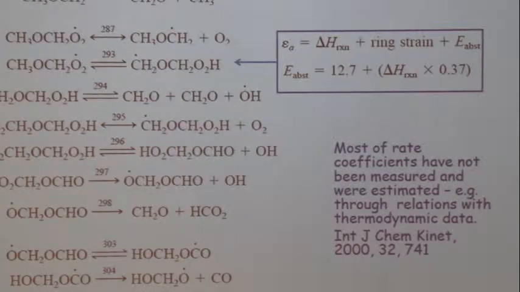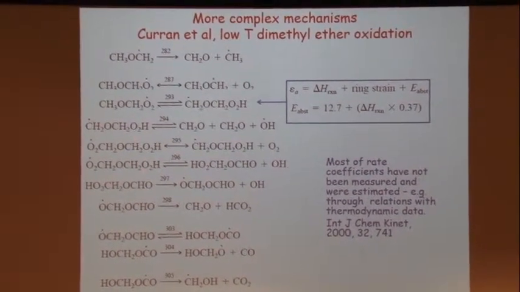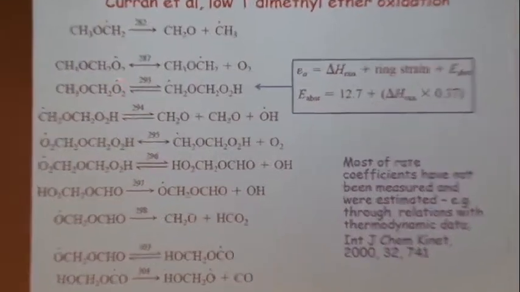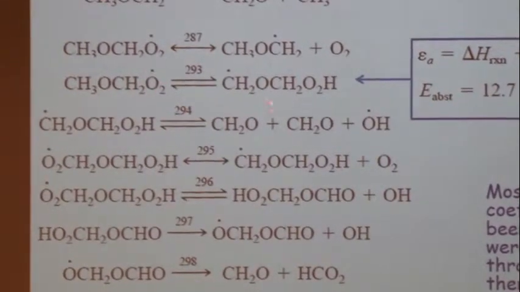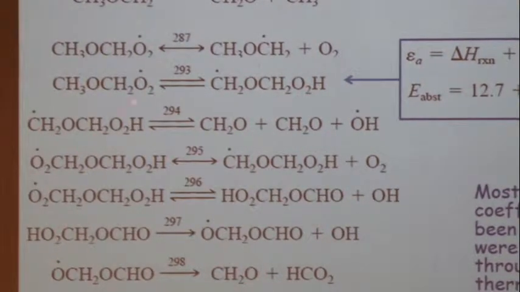And you wonder, where the heck did he get all these parameters? So here's an example. For this reaction, this is a dimethyl ether peroxy radical. It's very important how it isomerizes to the hydroperoxide, because this is going to eventually lead to release of OH radicals.